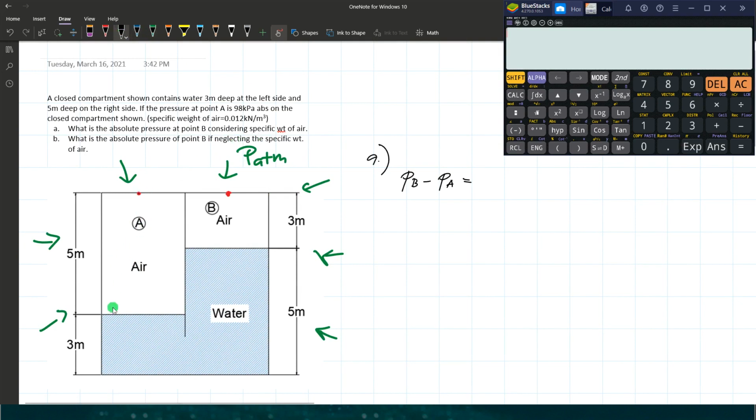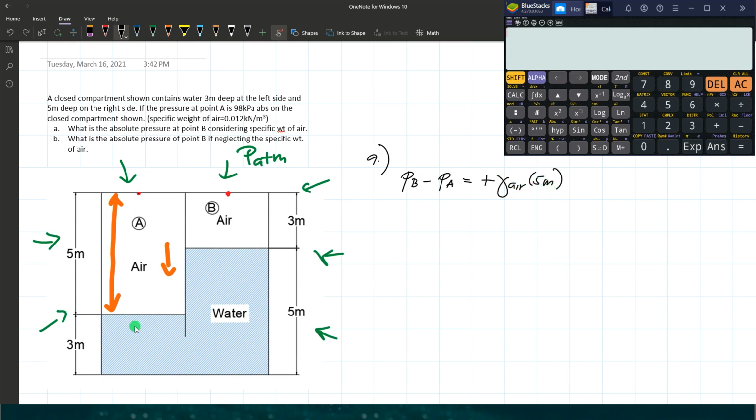From the top to the surface of water on the left side we have a distance of 5 meters, going downward, so it is positive. So we have positive unit weight of air multiplied by its height, 5 meters.